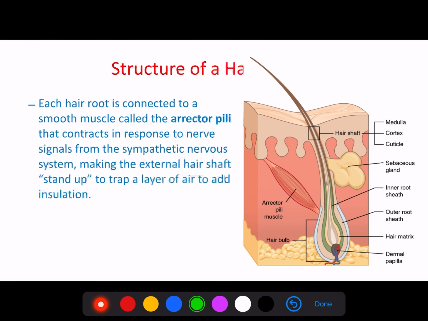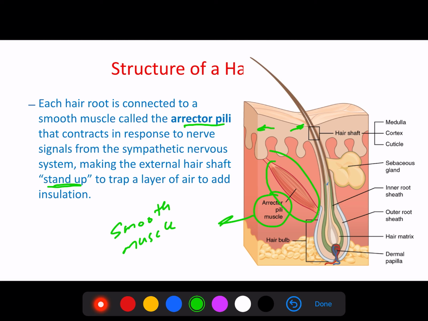Now, attached to the hair, there is a smooth muscle called the erector pili muscle. This smooth muscle can sometimes contract, and this will cause the hair to stand up. When the hair stands up and this muscle contracts, it will stretch the skin.